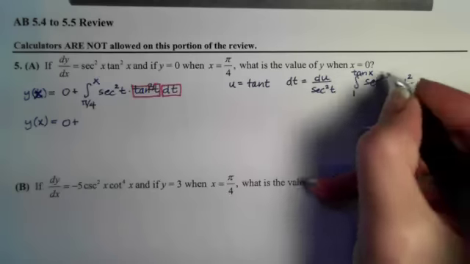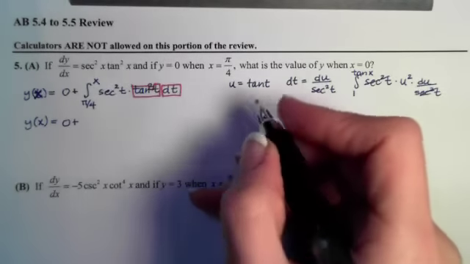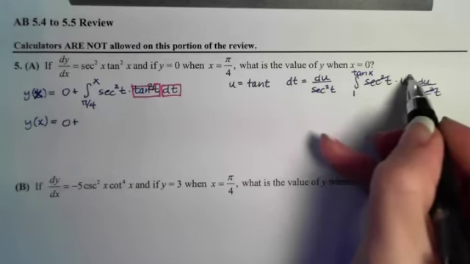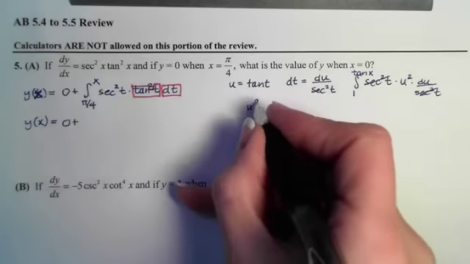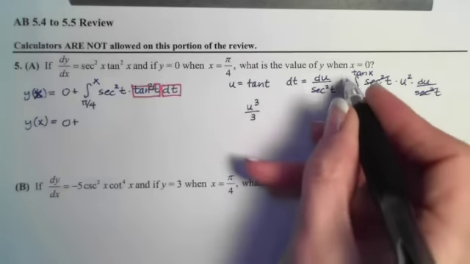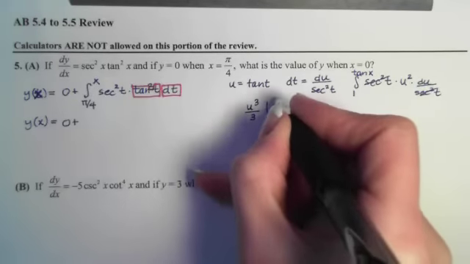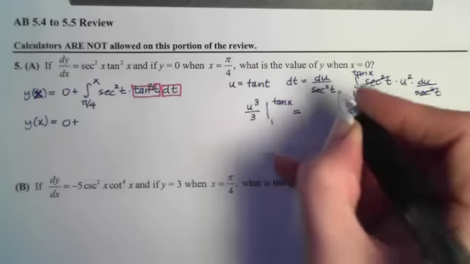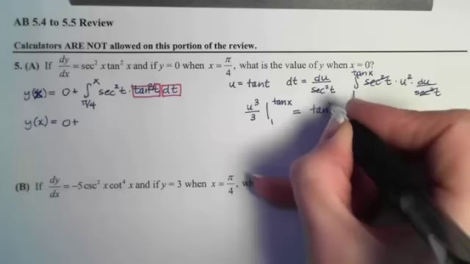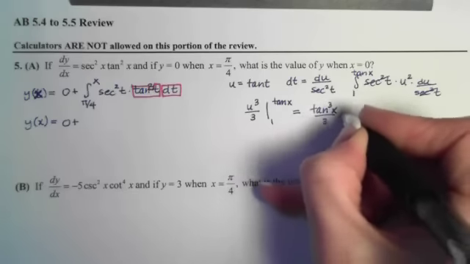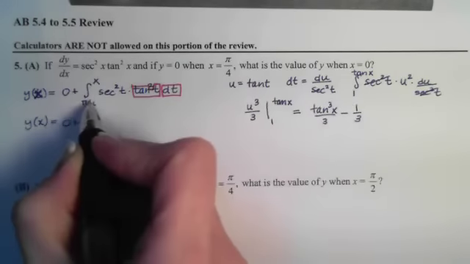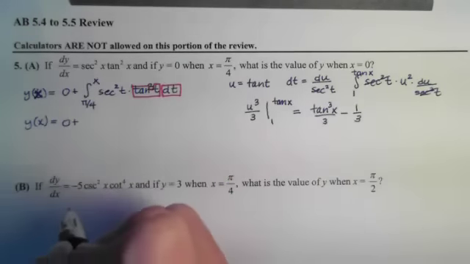So if I do the antiderivative now, I will get, what did I take the derivative of with respect to u that gives me u squared? And the answer is a u cubed over 3, and I'm evaluating from 1 to tangent of x. That means I get to plug in tangent of x first, and then I plug in the 1. So this is what this definite integral is equal to.